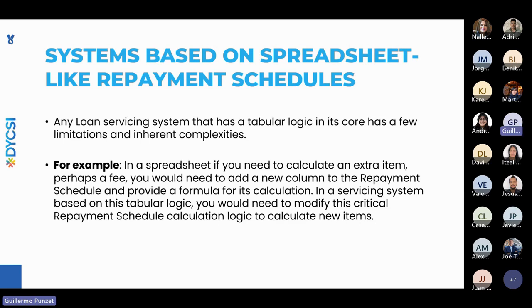If you wanted to calculate an extra item, for instance, a fee, you would actually need to add a column to that spreadsheet and provide a formula for it. Now, in a servicing system that is based on this tabular logic with formulas, you would also need to modify the code for this critical calculation logic to be able to calculate these new items.